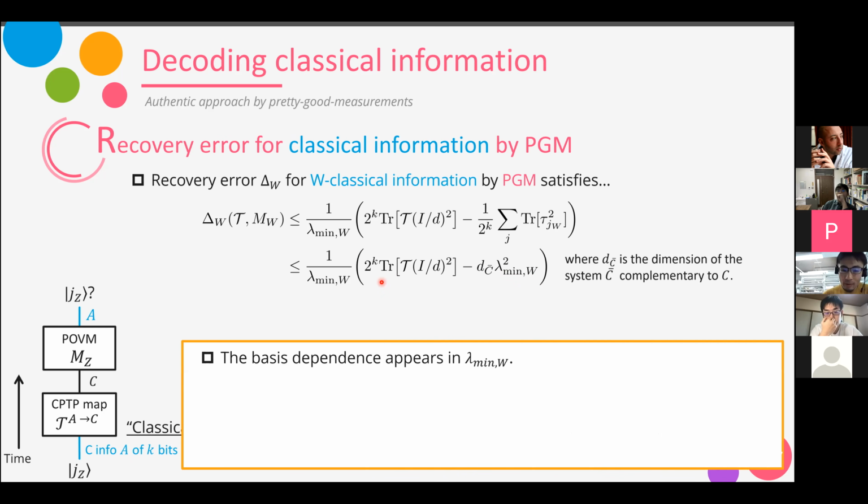One thing I have to say at this point is that this is an error for WX and WZ classical information, so this is basis dependent.